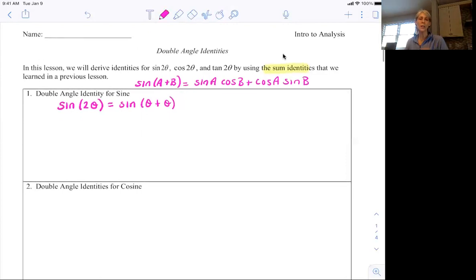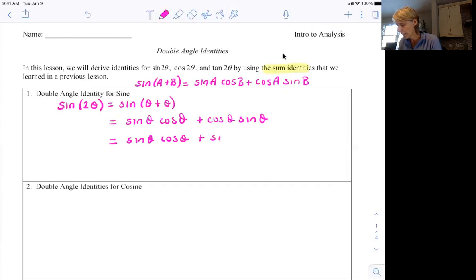So what we're going to do is substitute into our sine formula. Sine theta cosine theta plus cosine theta times sine theta. And if you recall in multiplication, sine theta and cosine theta, order does not matter, so we could rewrite these.